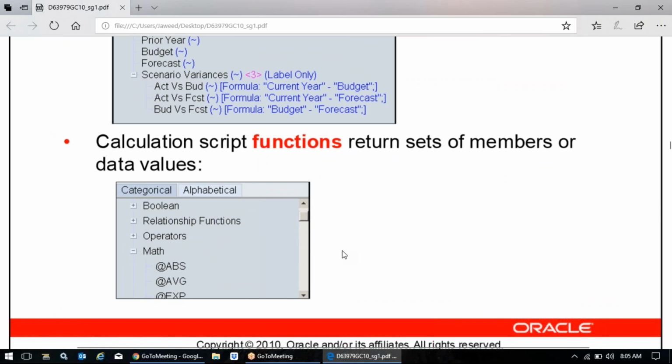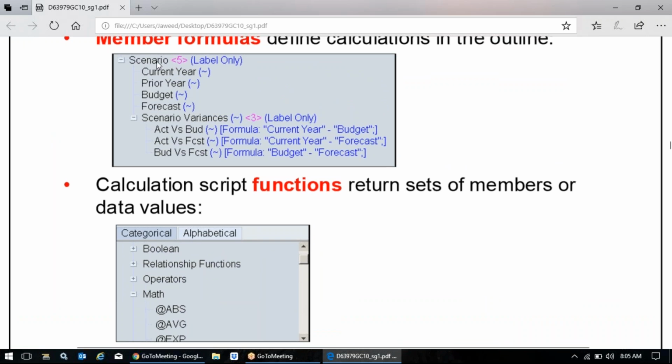Okay, so they pick a very good example saying what the scenario variances are. This is under the scenario, okay? They basically have current year, prior year, budget, forecast. And then there is scenario variance, which talks about actuals versus budget.